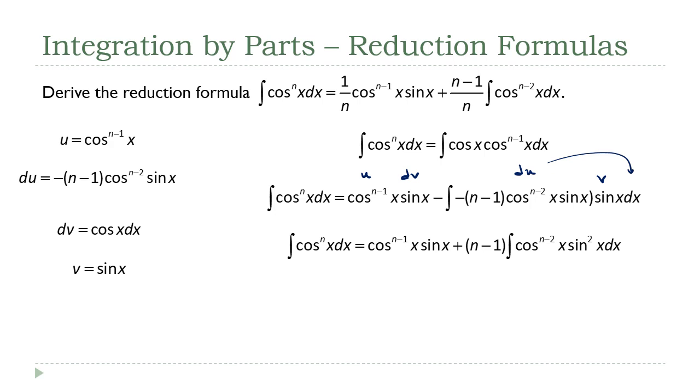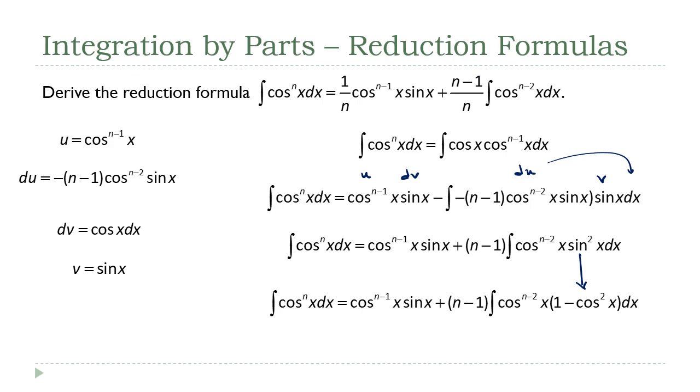I reduced the exponent on that cosine, which was nice, but I still have that sine squared floating around in there. So my next step is going to say, well, I'd really like this integral to be just in terms of cosines. So I'm going to replace that sine squared x with 1 minus cosine squared.